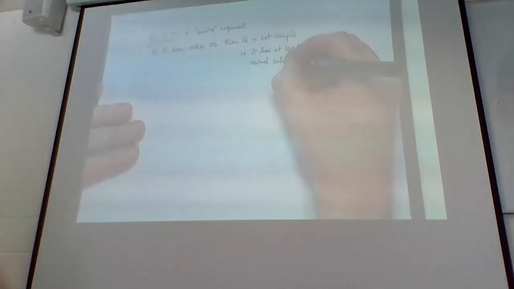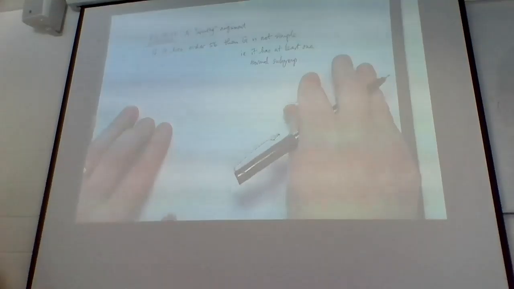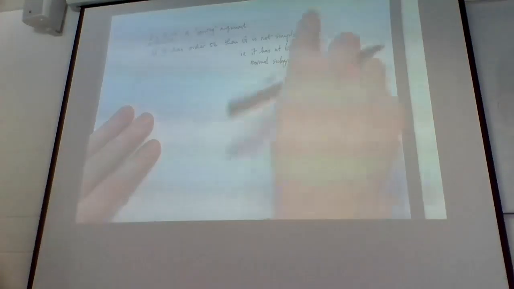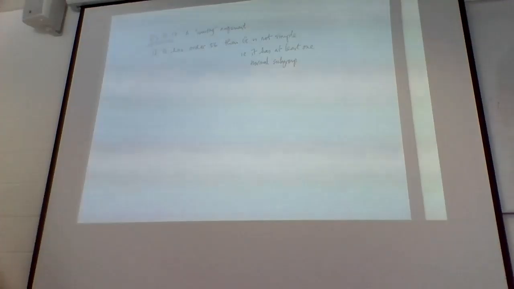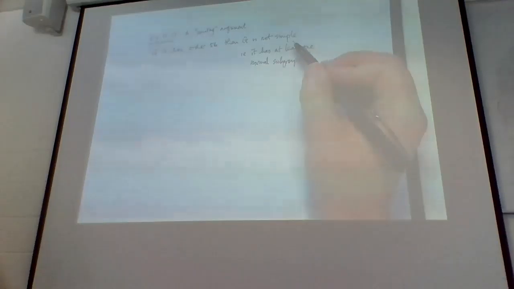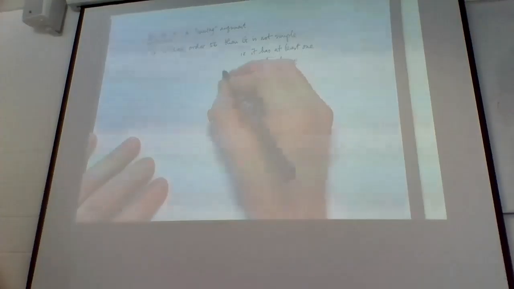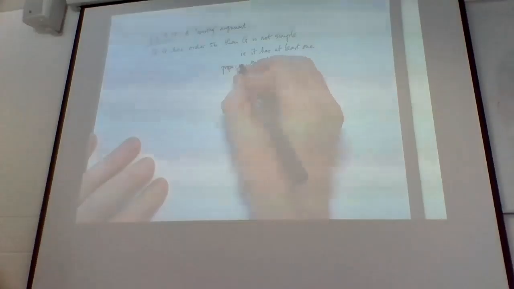Remember, a simple group, well, a person in the street could tell you a simple group is one that can't be simplified. But we understand that to mean that there are no proper non-trivial normal subgroups.